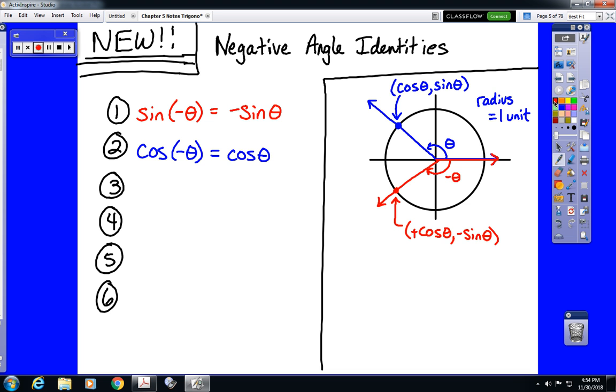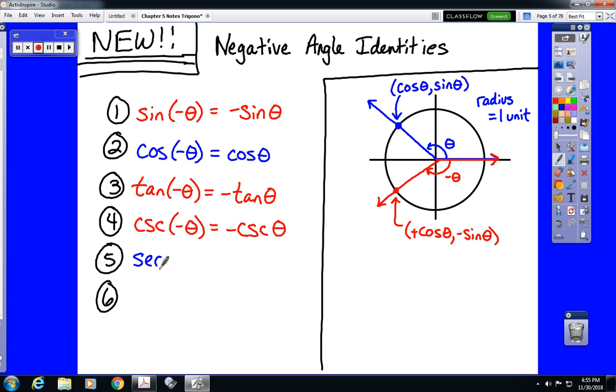Now, if we use sine and cosine to derive the other trig functions using our reciprocal and quotient identities, we would get that the tangent of negative theta is equal to negative tangent of theta. The cosecant of negative theta, which is the reciprocal of sine, would be equivalent to the negative cosecant of theta.